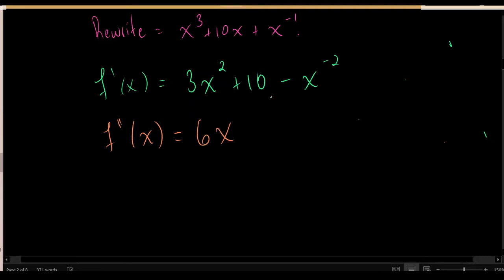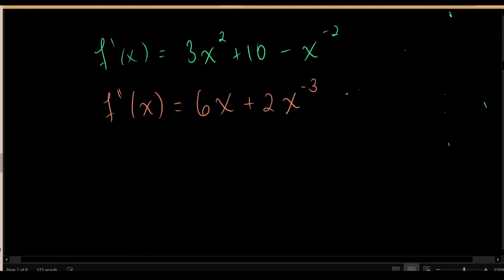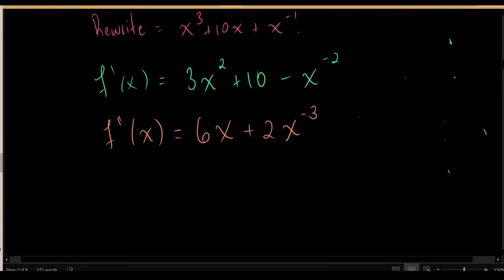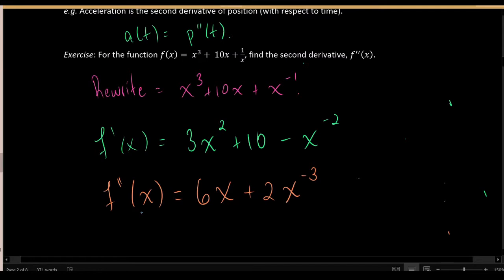The derivative of 10 vanishes, and the derivative of negative x to the negative 2 becomes positive 2 times x to the negative 3. This would be the second derivative of the function f of x given above.